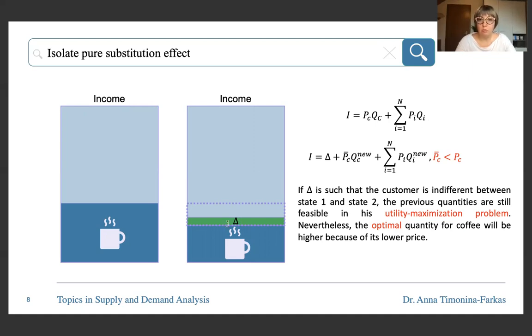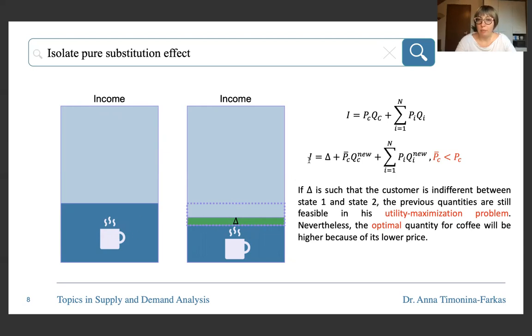Then suppose that the price of coffee decreased. It means that P bar is smaller than PC. In this case, the customer is actually willing to pay for the option of reduced price, and there is an amount delta, which is equal to the difference of this here and this. And if this delta would be given, there would not be any difference between these two cases.